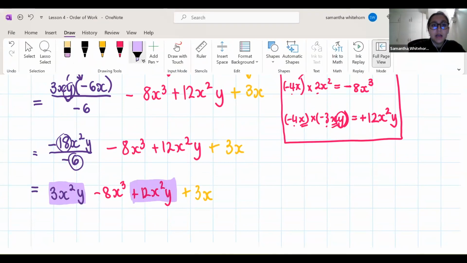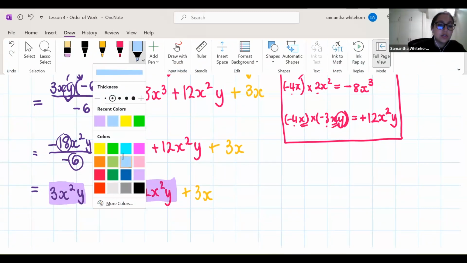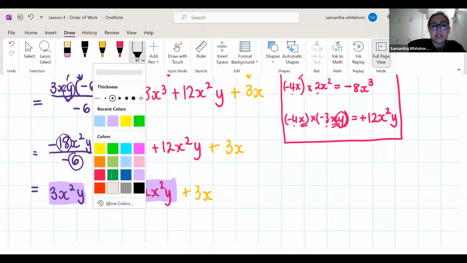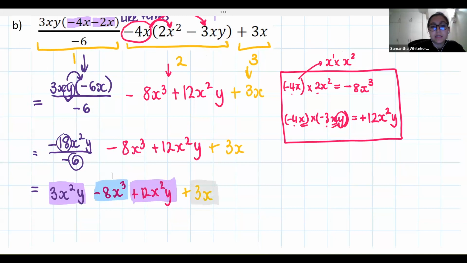Unfortunately, I've then got an x cubed, and there are no other terms with x cubed, so that's by itself. And this 3x is also a group by itself because its variable is x and its exponent is 1.